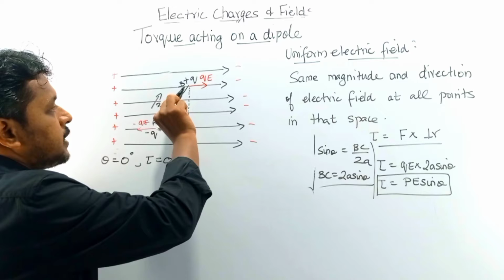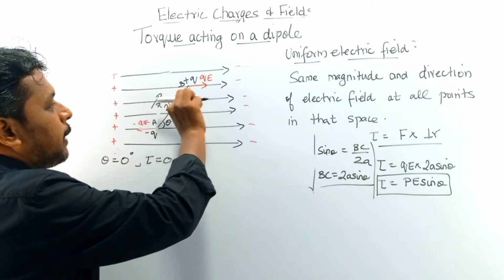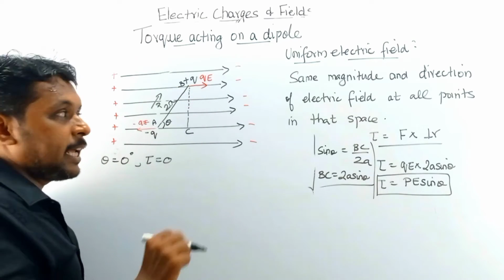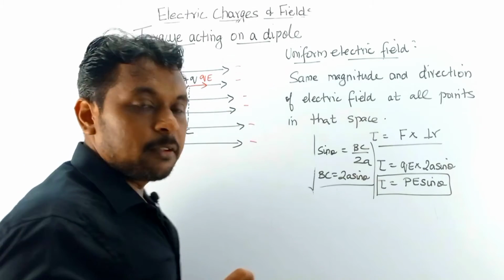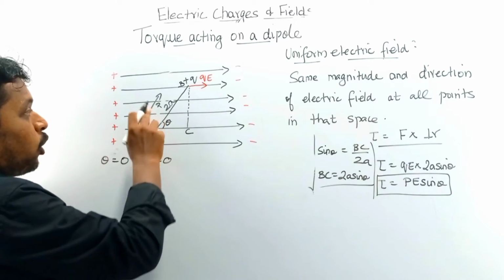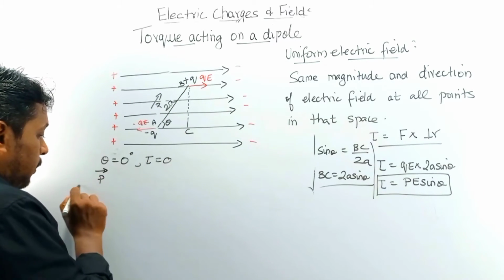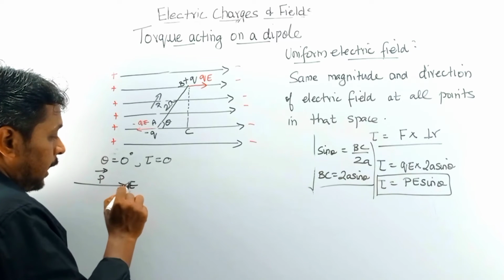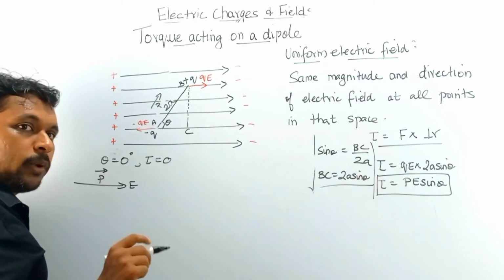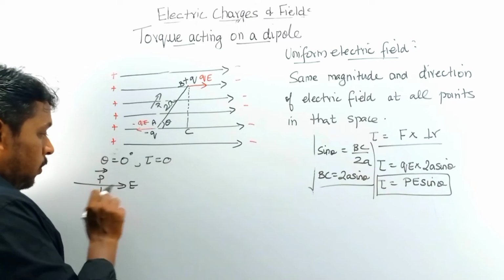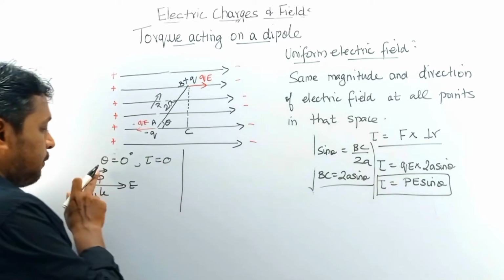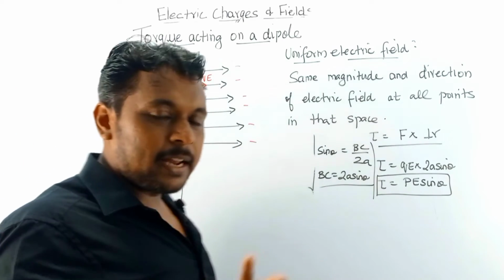So torque 0 means that the dipole becomes parallel to the electric field. Here the dipole moment, the P cap, will be parallel to the electric field. So both will be in parallel directions.